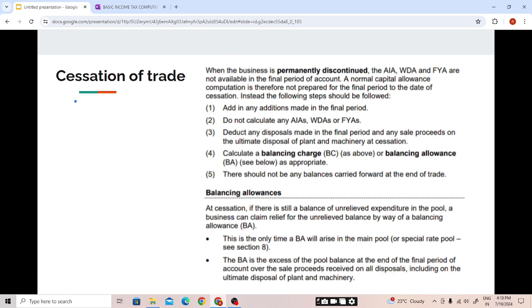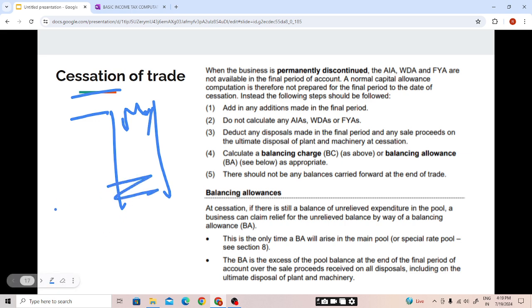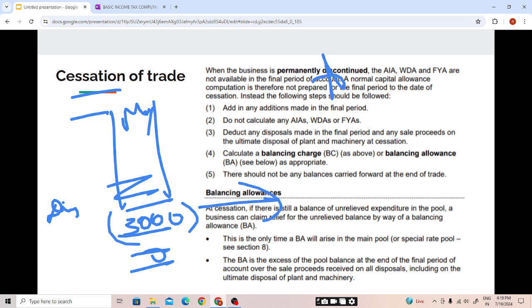At last, what does the cessation state? Whatever pool you have, if after disposal you are having some value, let's take 3,000 in our case, this must be taken to 0. So this we will take to the allowance column, students.